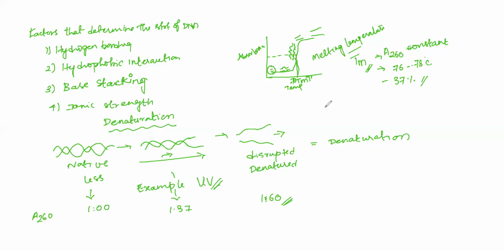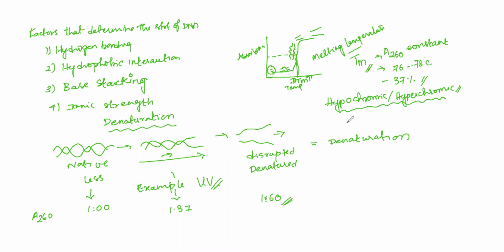Now I would like to talk about terms called hypochromic and hyperchromic. Hypochromicity describes a material's decreasing ability to absorb light, and hyperchromicity is a material's increasing ability to absorb light.